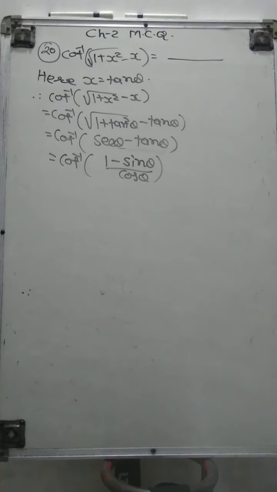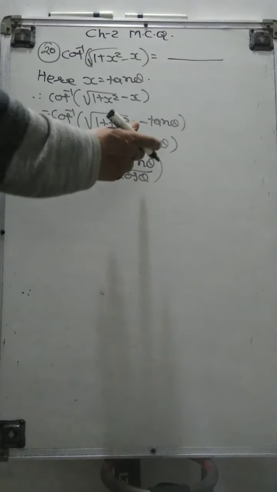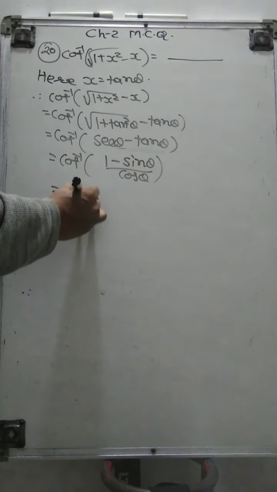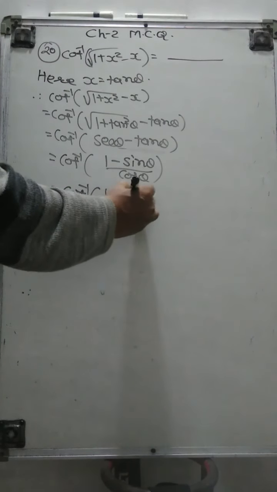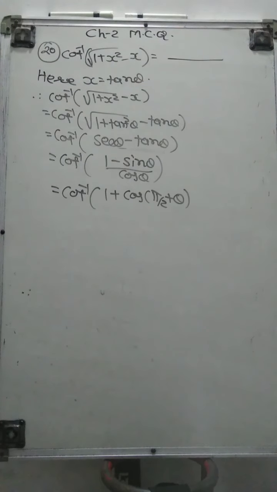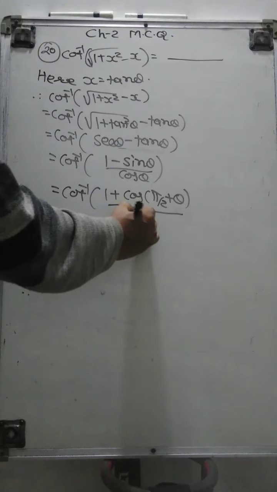Now directly we can simplify, but here what we do, at the place of sin theta we just put cot inverse 1 plus cos pi by 2 plus theta, right? Means pi by 2 plus theta is equal to minus sin theta, and upon cos theta is sin pi by 2 plus theta.